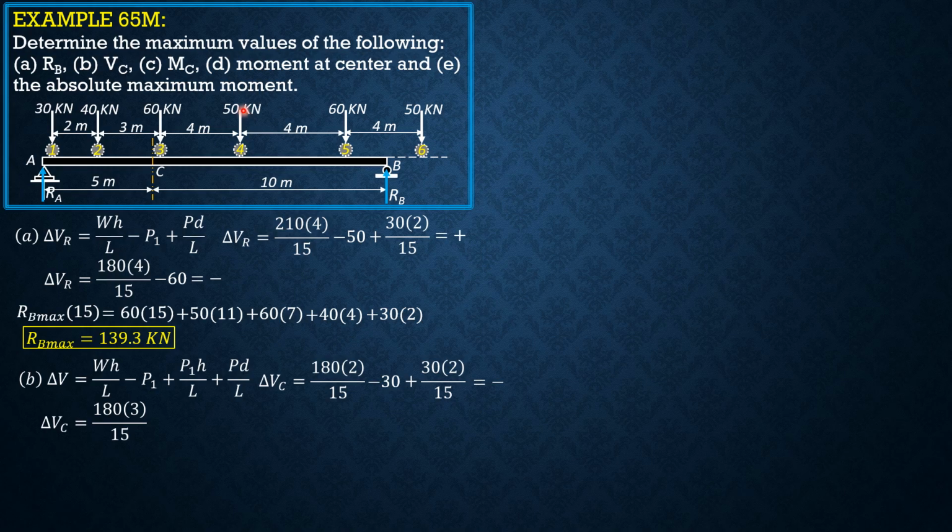That's why W is 50 plus 60, 110, 150, 180. And our P1 is 40. H is 3. Then minus 40. Then plus 40 times 3 over 15. Then incoming load 60 times 2 over 15. So it is positive.